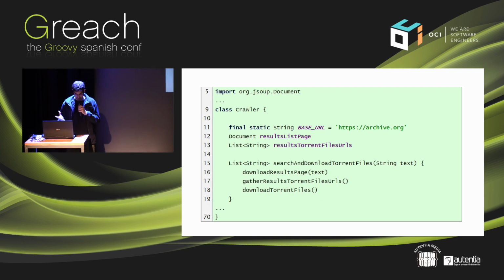First, we download the results page. Then we gather the torrent files. In this case, they are torrent files because they are smaller in size, so it will take less time to download. The details are omitted, but as you can see, we can create classes and separate responsibilities, which is something that in some scripting languages we cannot do.